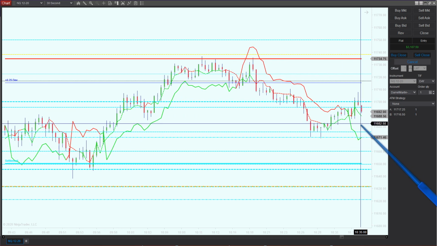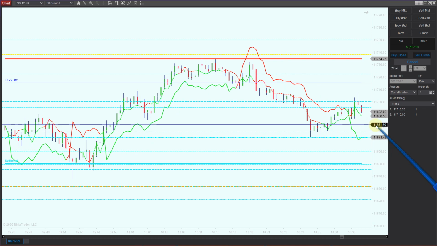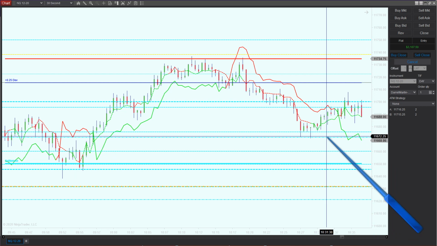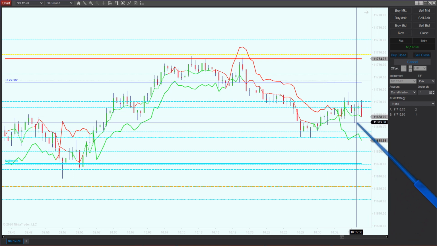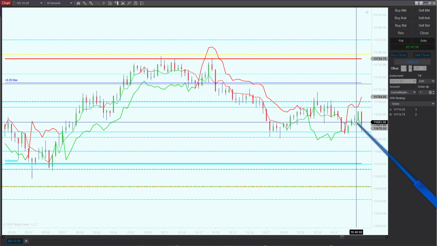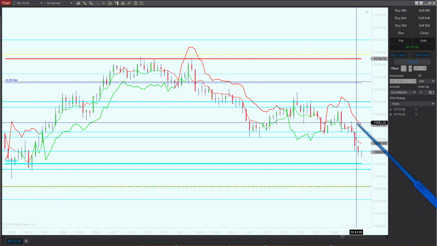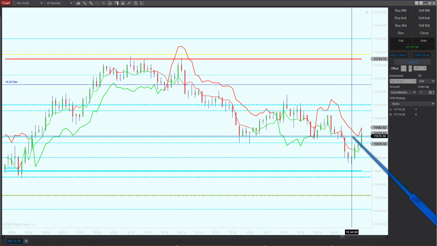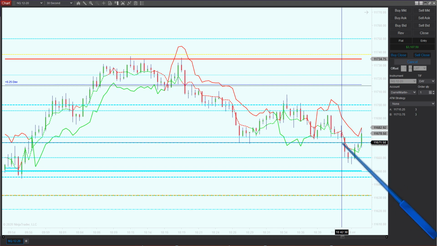Would be a good thing to tighten up when you're running into double walls. Nothing going on right here. Another short. Going into a wall. Don't really like that. So I probably would have skipped that trade because it's going right into a wall.